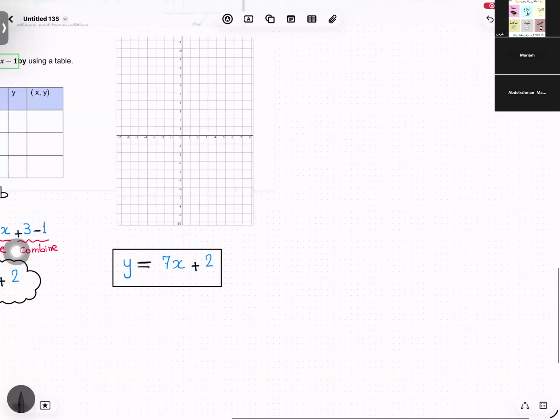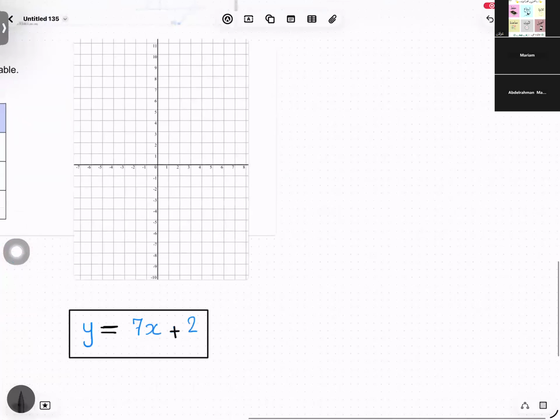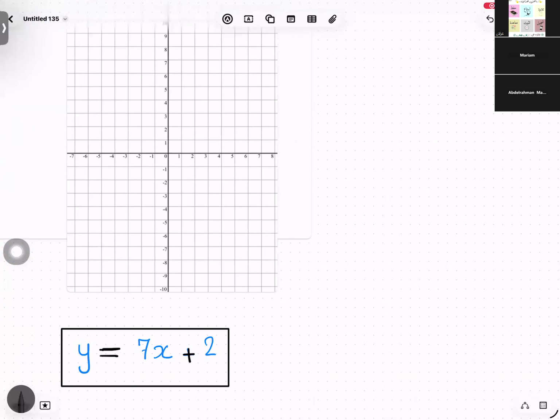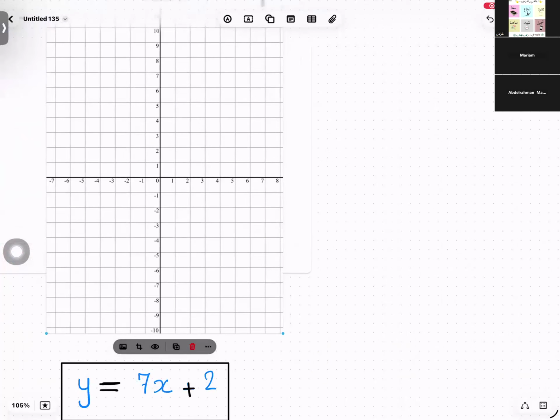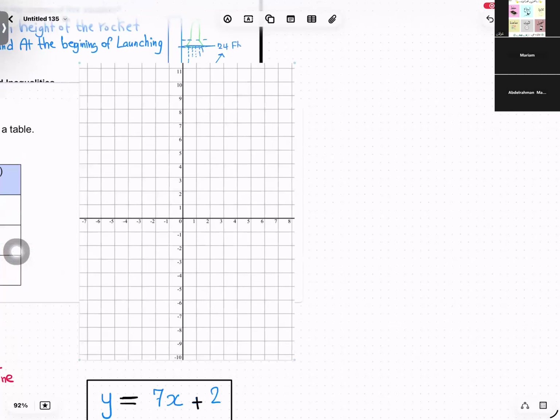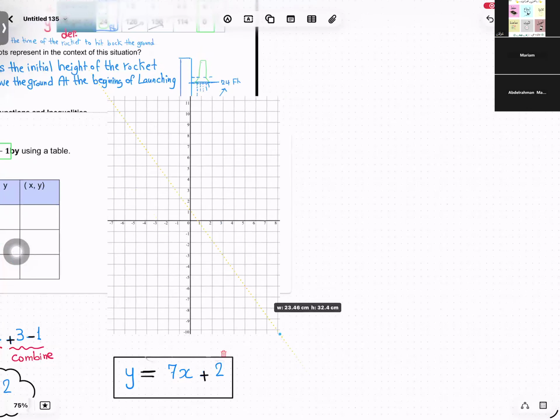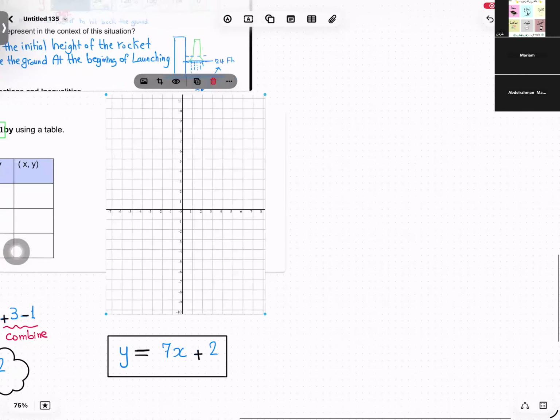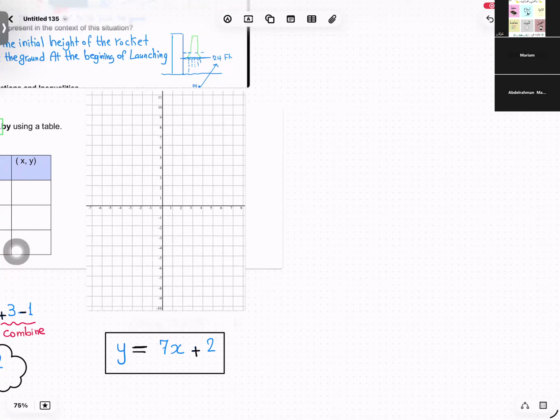Tell me what is the first step here. First, the slope? No, we didn't start with the slope. Do you remember what we started with?